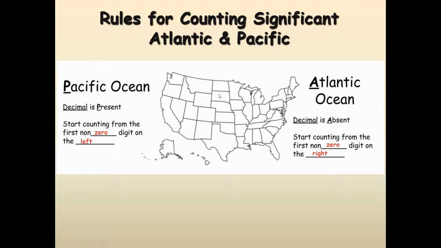Okay, Atlantic Ocean. If our decimal is absent, that means there's not a decimal in the number. We're going to start counting once again from the first non-zero digit, but this time, since it's absent, that goes with the Atlantic Ocean. Atlantic Ocean is on the right-hand side. So since it is absent, we're going to look at the right-hand side. So we start counting from the first non-zero digit on the right-hand side.